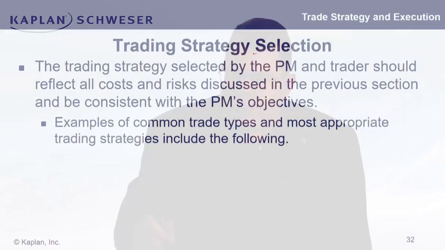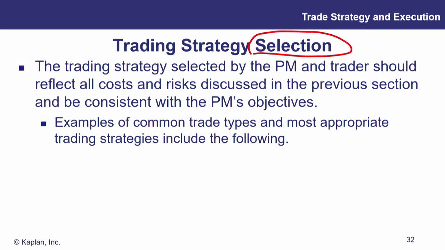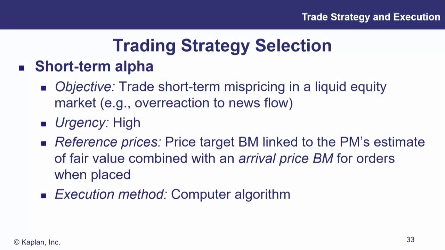So, trading strategy selection. Any strategy that you choose has to reflect all costs and all risks, and it has to be consistent with the portfolio manager's objectives. So let's look at some common trading types and the most appropriate trading strategies. We have short-term alpha.